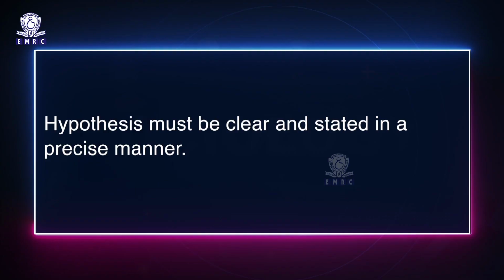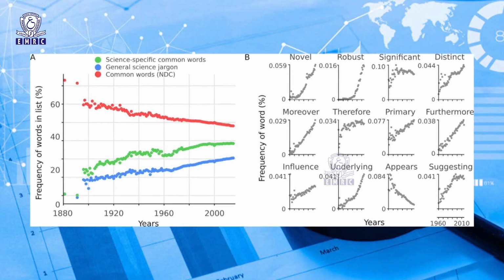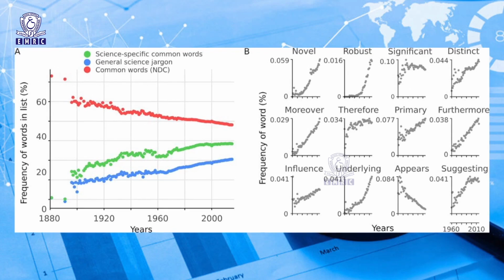Fourthly, a hypothesis must be clear and stated in a precise manner. A clear statement of hypothesis generally involves brief and precise technical language. Further, the definition of terms is better defined than those in common language.